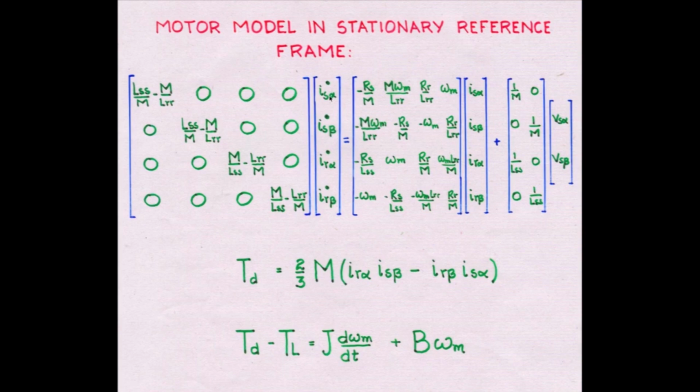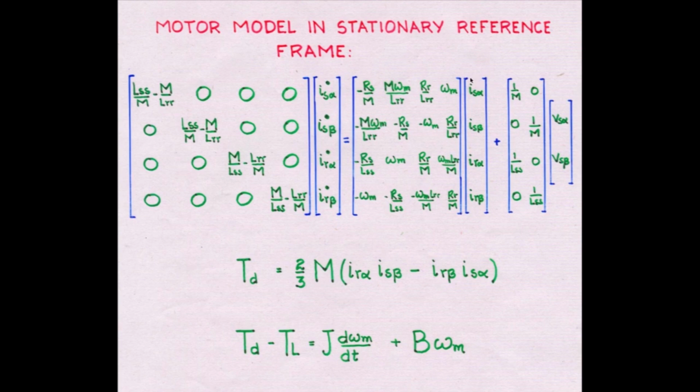From first principles, one can easily derive the model of the induction machine. So this is the consolidated summary of the model of the induction machine. This is the dynamic model of the induction machine. You see it in state space representation.